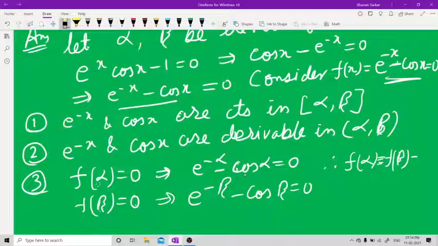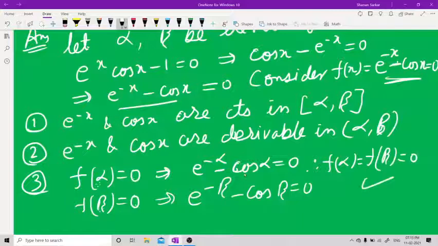Let me rewrite this point, a very important point. The third point: therefore, f alpha equal to f beta, which is equal to 0. So all three conditions, 1, 2 and 3, are satisfied.